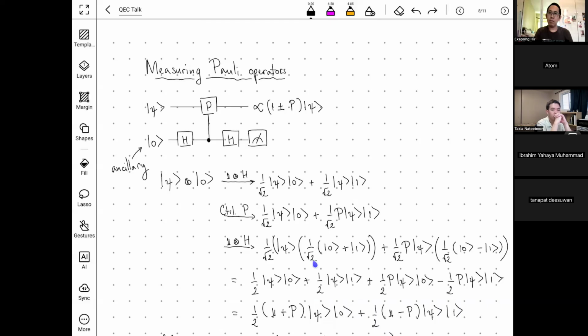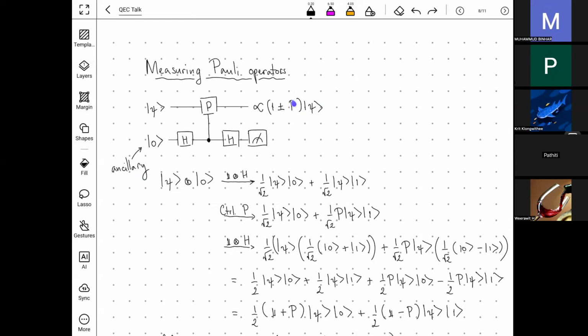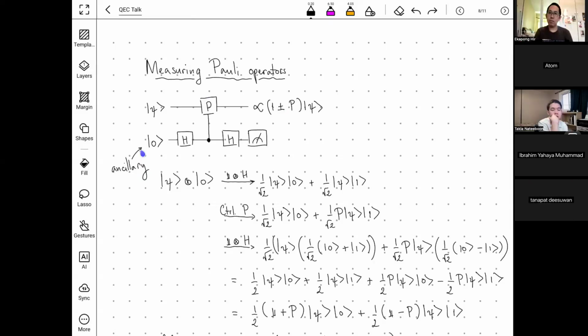To measure the Pauli operators, the stabilizers, we use this circuit right here, which after measurement leaves the state proportional to (1 plus or minus P) psi, where P is any Pauli operator. So this circuit can be used to measure Pauli x, Pauli y, Pauli z. It's really up to the stabilizers that are used by the code, right?